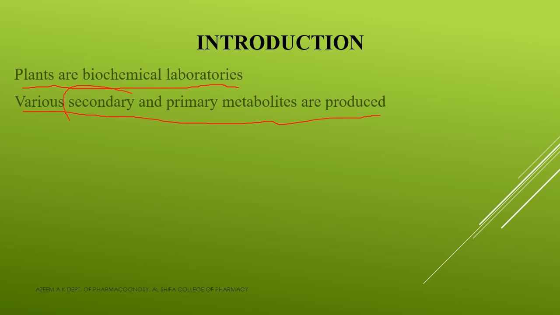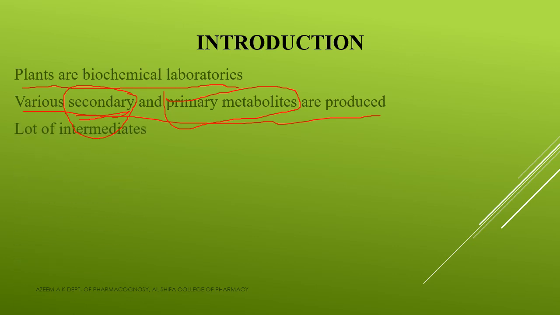This you already studied in your fourth semester. What do you mean by primary metabolites and secondary metabolites? The secondary metabolites are the useful medicinal compounds. Likewise, some primary metabolites, for example carbohydrates, are also produced inside the plant.